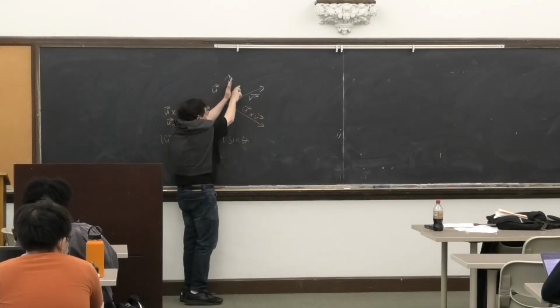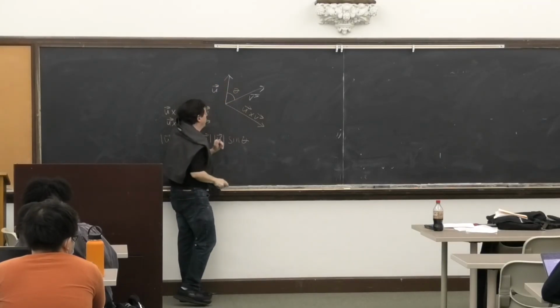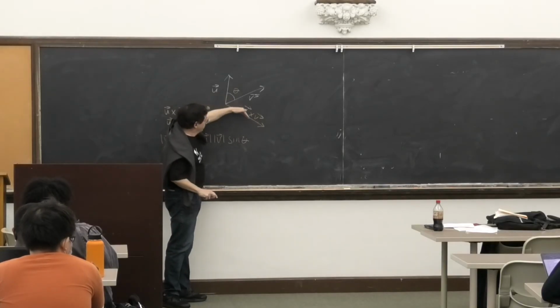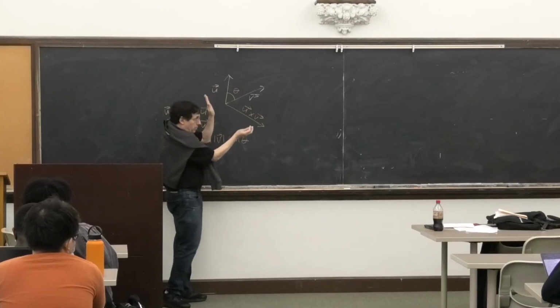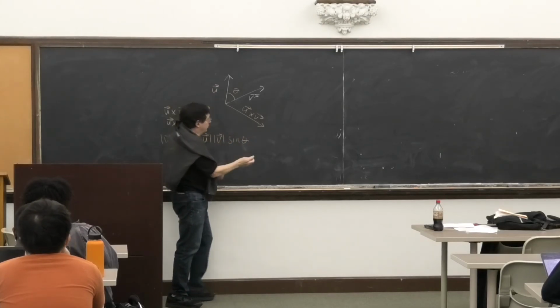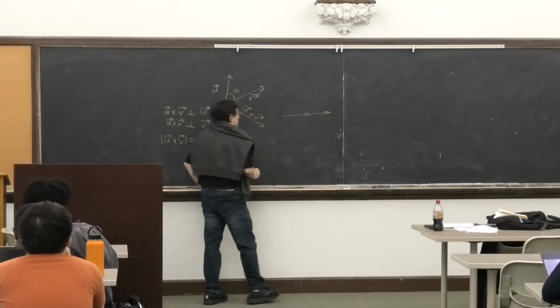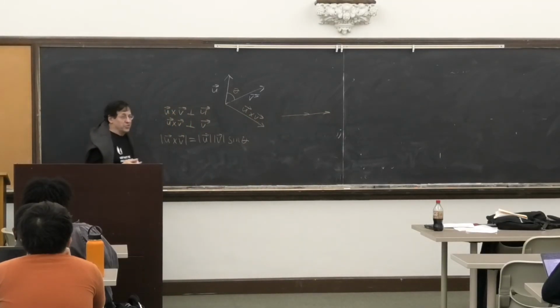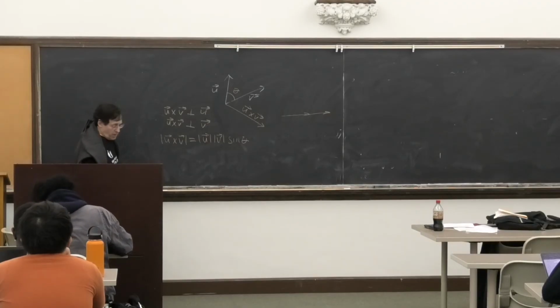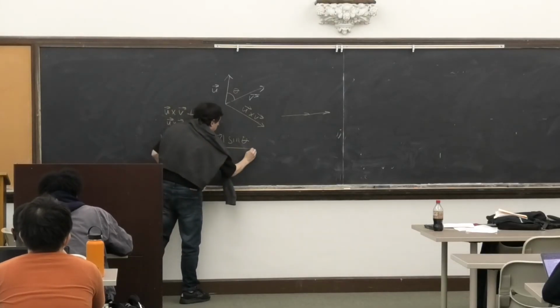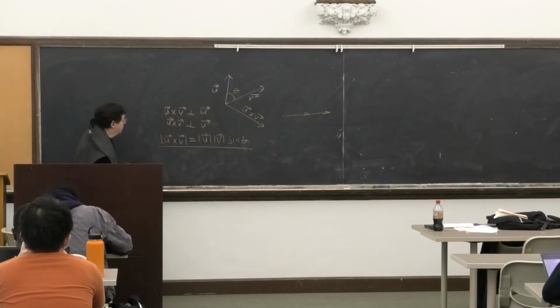So as long as theta is some positive angle, this norm has some positive value. But if you had two vectors that are parallel, the cross product would be 0. It would be the 0 vector, and it wouldn't have a direction. So this is one way to calculate the cross product.